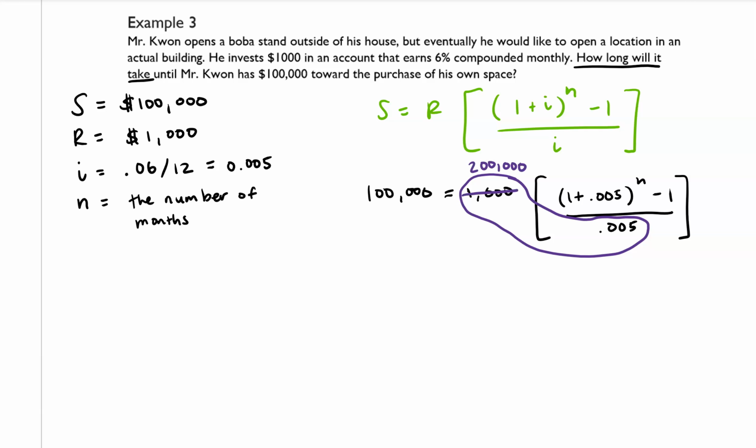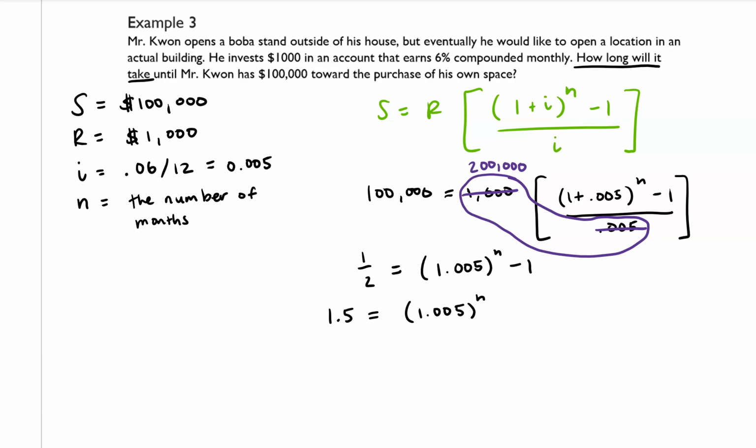So I'm going to go ahead and cross those out. And then if I divide both sides of the equation by 200,000, then we would get 1/2 is equal to 1.005 to the nth power minus 1. And then if I added 1 on both sides, we would get 1.5 is equal to 1.005 to the nth power.